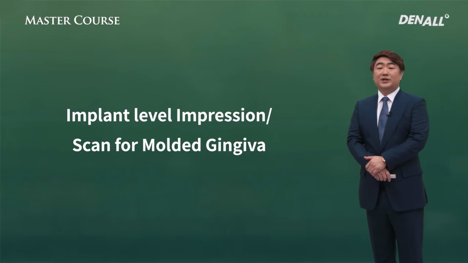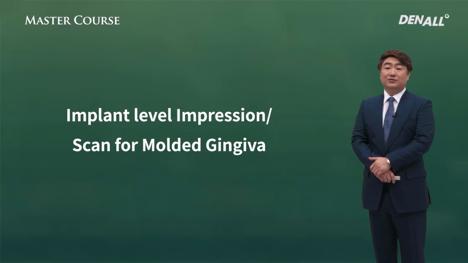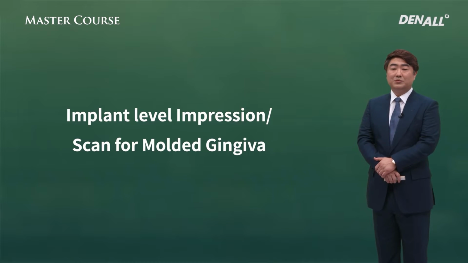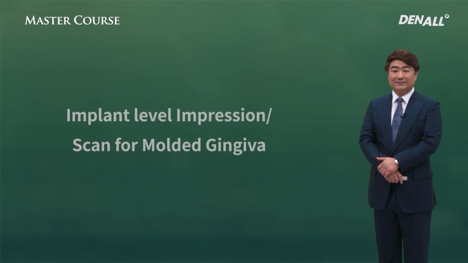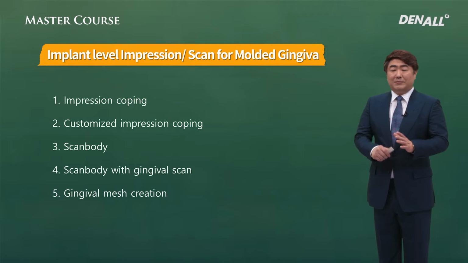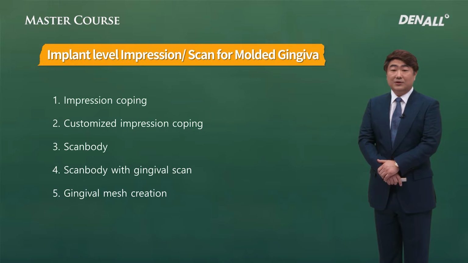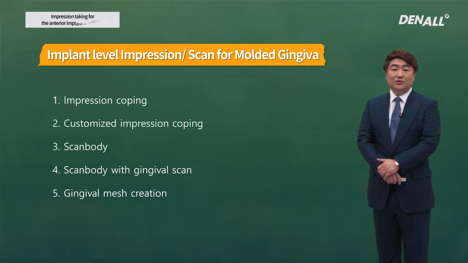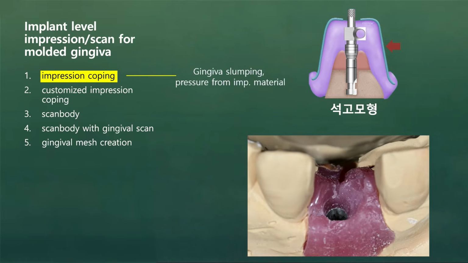Then, for the molded gingiva, how can you take an impression or scan it? If you don't have to consider aesthetics, then a general impression coping can be used, and you can still achieve aesthetic results if you're skilled.